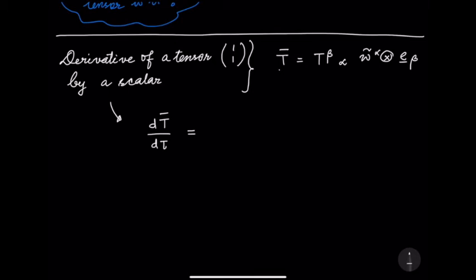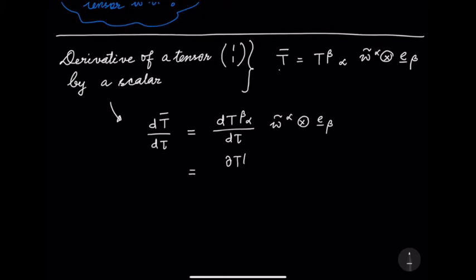So they will just remain as it is. What I will get is dT d tau as the basis remains as it is, because they don't change with tau.